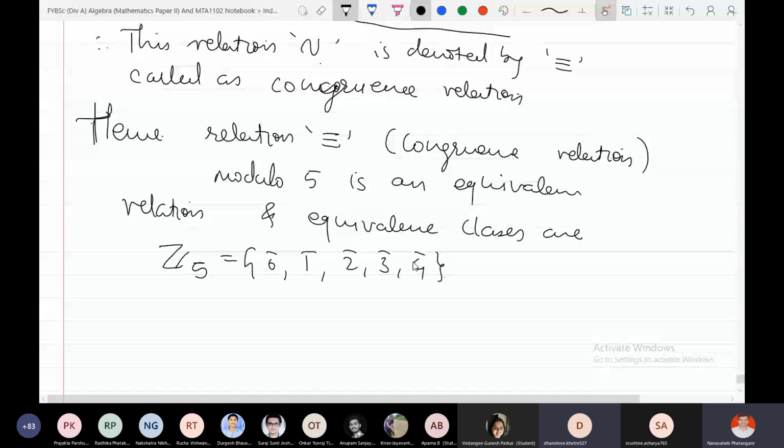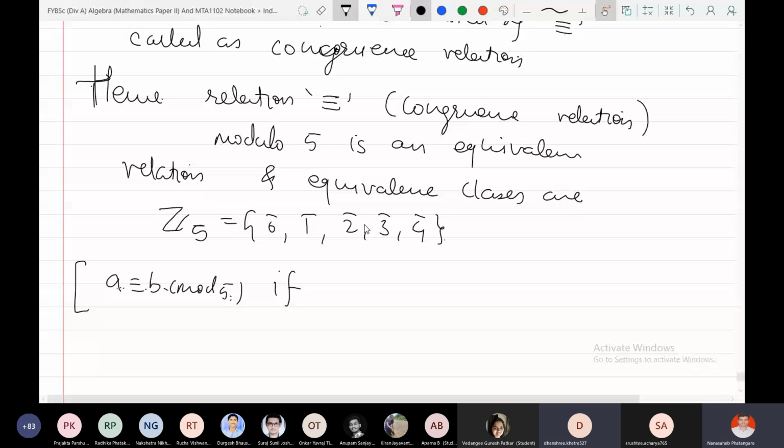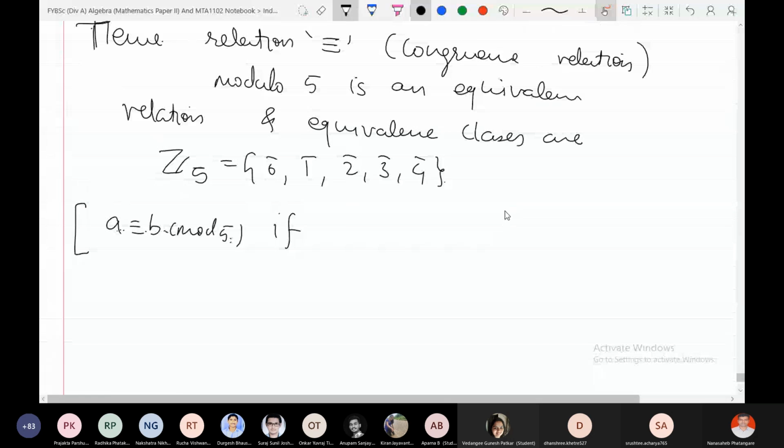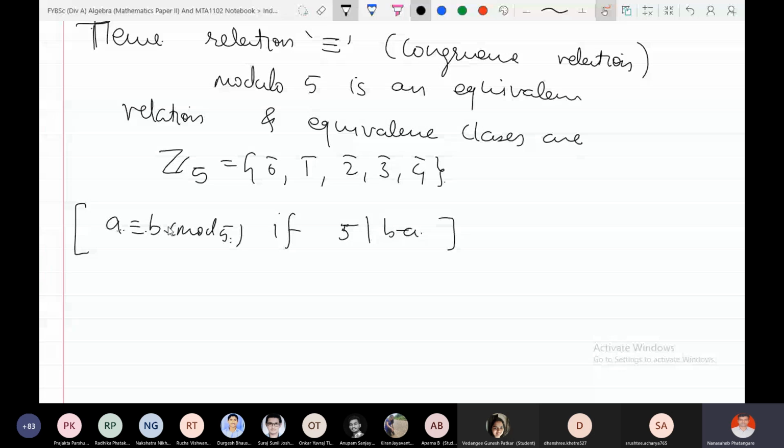What is my congruence relation? a is congruent to b modulo 5 if 5 divides b minus a. From our previous discussion, a is related to b modulo 5 if 5 divides b minus a. Now this is my relation.